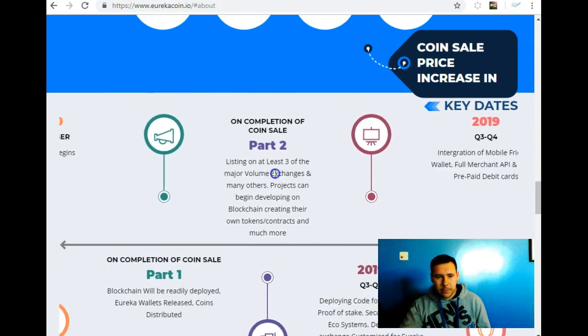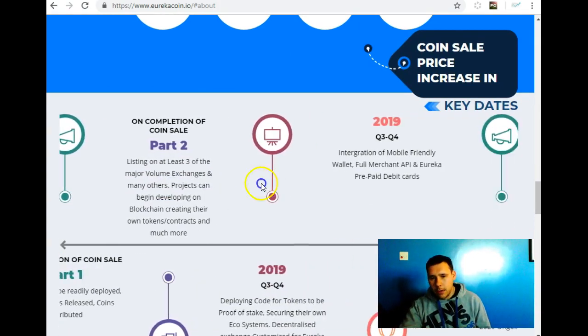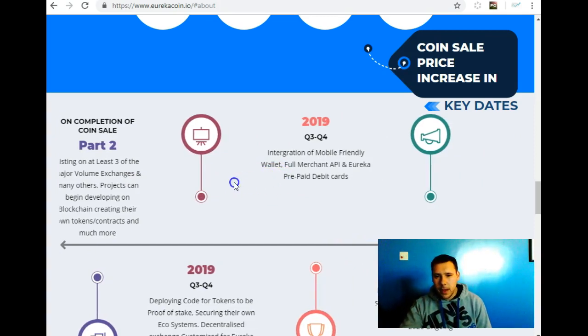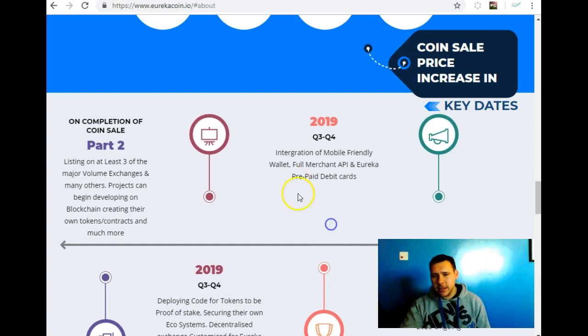It's already agreed with listings with several big centralized exchanges. Debit cards to come, so prepaid debit cards to come. Other projects obviously being able to build their projects over the top of the blockchain. Mobile friendly wallets. It's got a bit of everything.